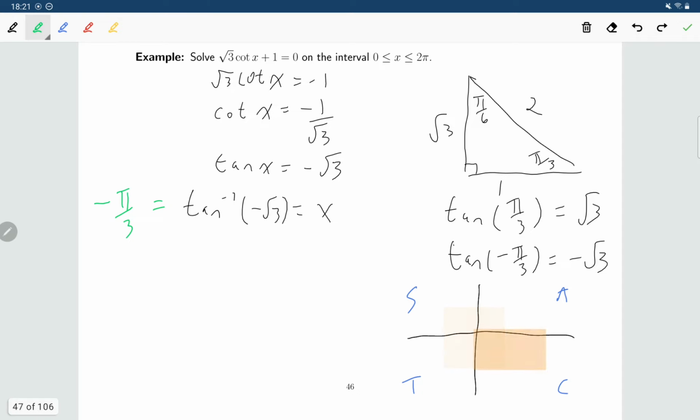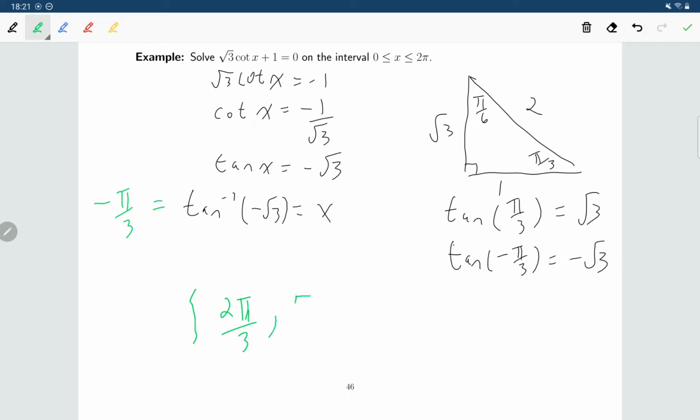Similarly, the second solution that I'm going to find would have to be in quadrant 2, and would also have to have a reference angle of pi over 3, which means that the other angle that I'm looking for must be 2 pi over 3. So there are two solutions that we find here. The two solutions are 2 pi over 3, that's the solution that's in quadrant 2, and 5 pi over 3, that's the solution that's in quadrant 4.